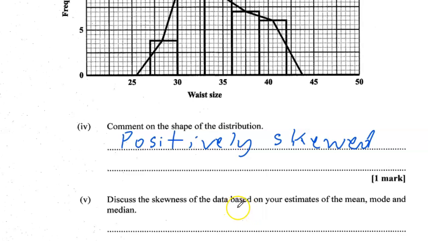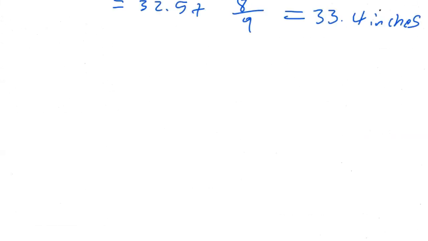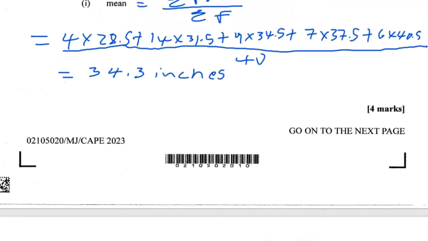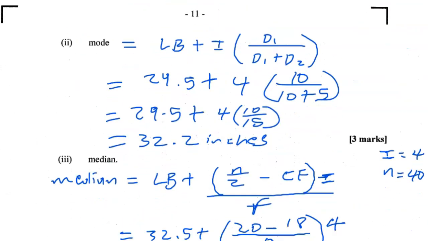Discuss the skewness of the data based on your estimates of the mean, median, and mode. Let's look at what the mean, median, and mode were. If we remember the question, the mean was 34.3.